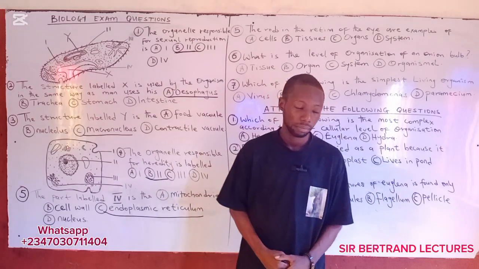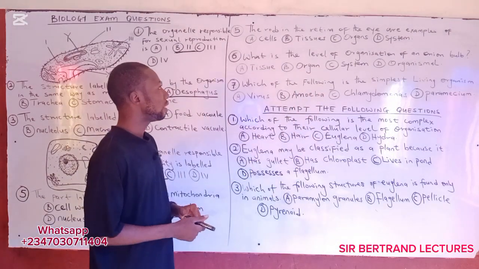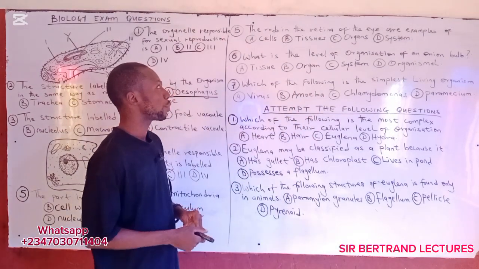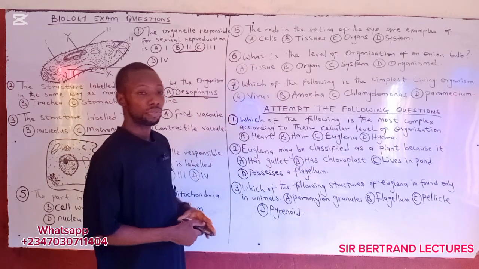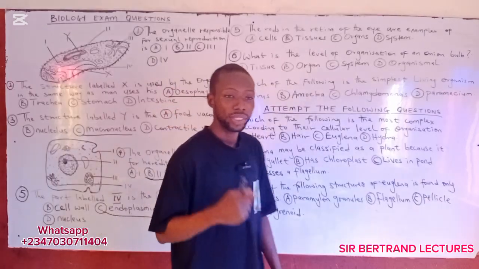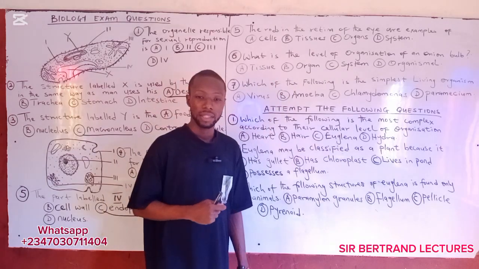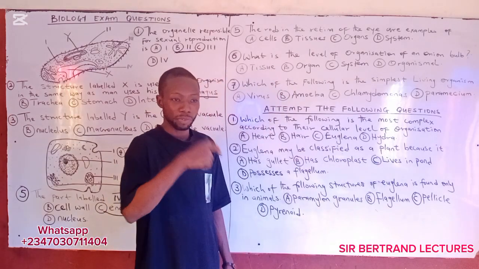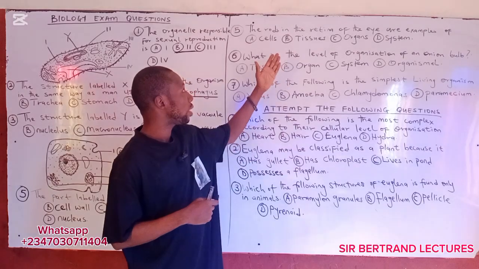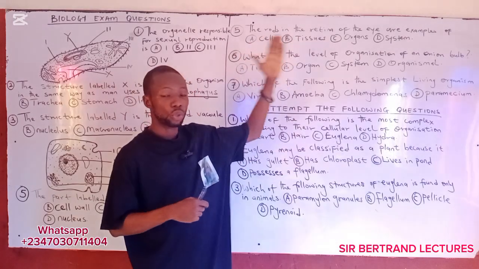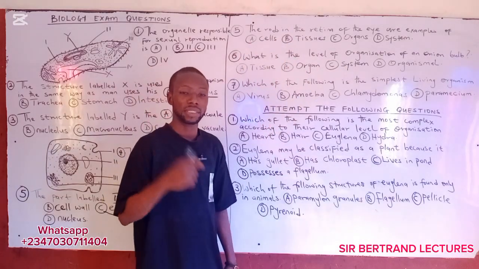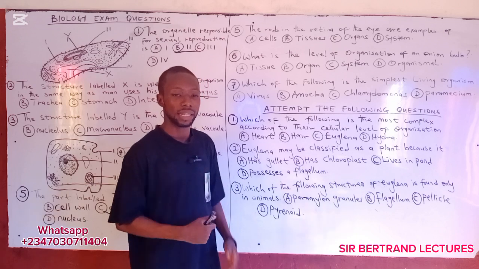Is that okay? The rod in the retina of the eye are examples of dash. For you to answer this question, you need to know the diagram of the human eyeball. In the video we discussed before, I told you that the rod and the cone are the two photosensitive cells found in the retina of the eyes.